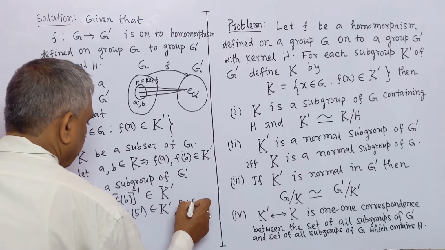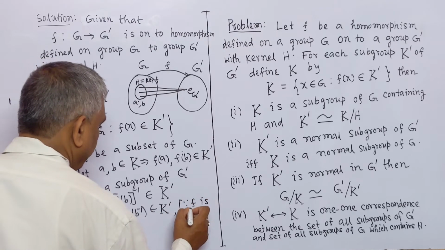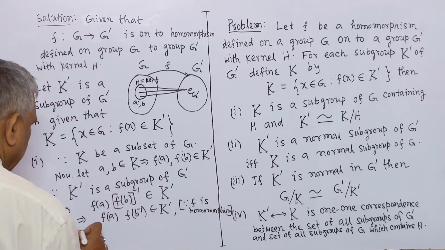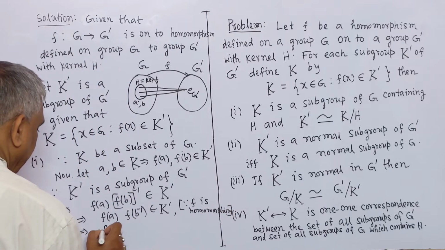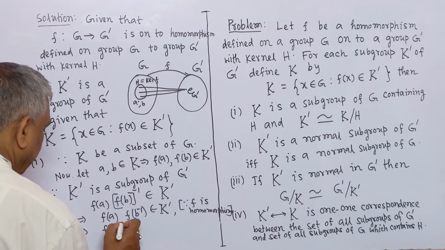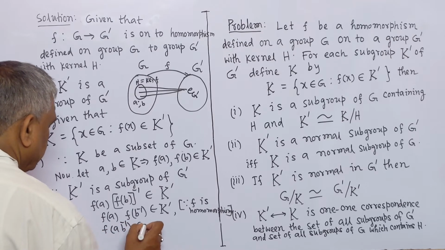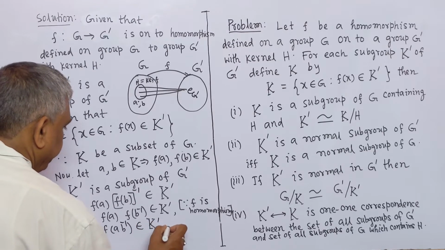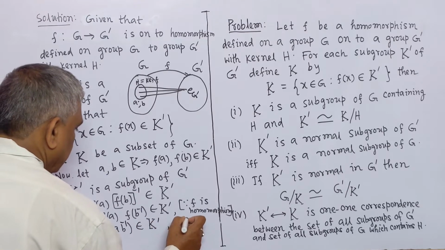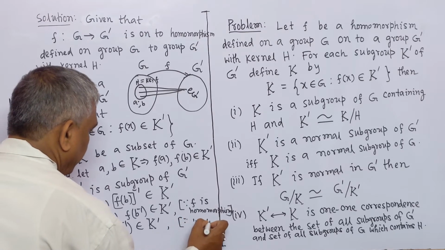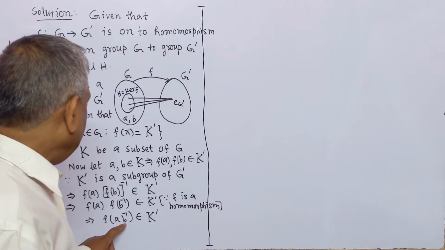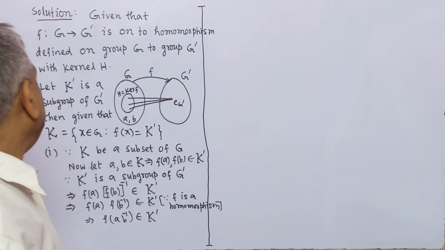Since F is a homomorphism, this implies that F(a b inverse) belongs to K prime.